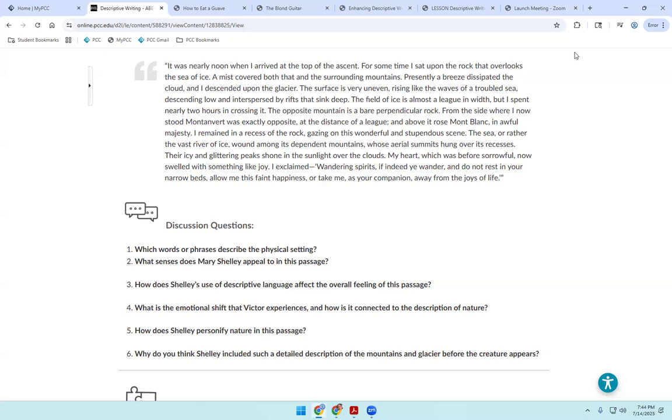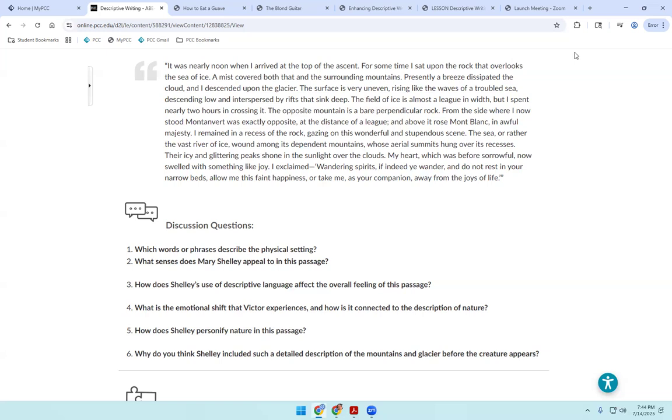What senses is Mary Shelley appealing to in this passage? What senses? I said sound, with the breeze dissipating the cloud. Nice. Got some sound. What else? Sight, for sure. Absolutely.